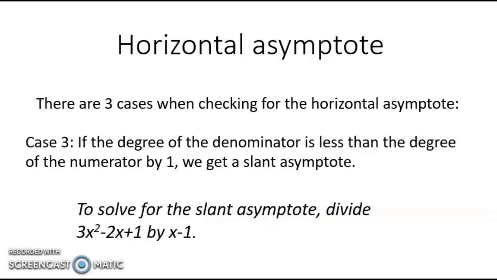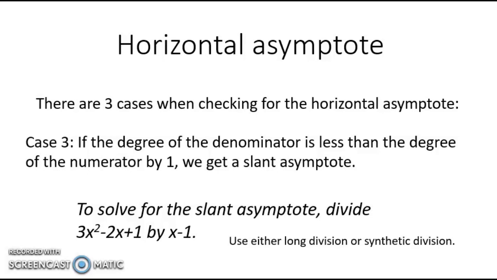Now, to solve for the slant asymptote, divide 3x squared minus 2x plus 1 by x minus 1. So, you are going to divide the numerator by its denominator. You can use either long division or synthetic division. I did not include here the long division and the synthetic division.